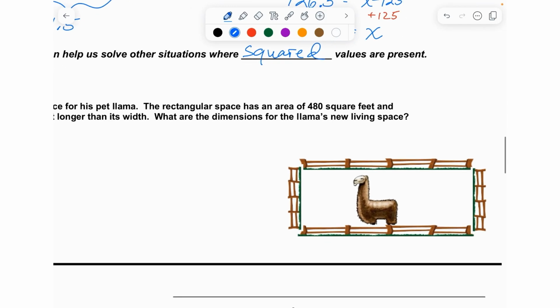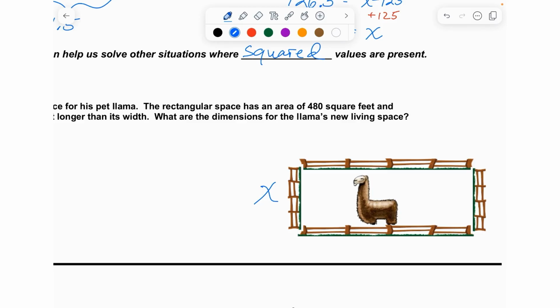Now, at first look, it's like, whoa, what? I don't even know where to start with this problem. And that's actually kind of the hint here. You have to start with something that you don't know. You don't know the dimensions of this space. And so in math, when you don't know the dimension of something, you have the right to label it as x.